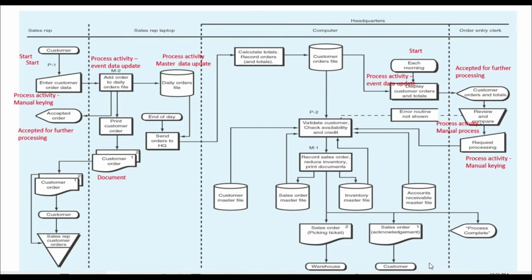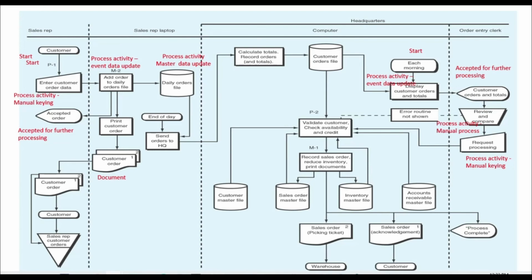If you take, for example, a flowchart diagram, there's a starting point, and then the data, the processes, and when there's a manual key, the manual key is shown by a certain flowchart diagram, and then the process activity, event data update is shown by a rectangle, and then master data update is shown with a cylinder.